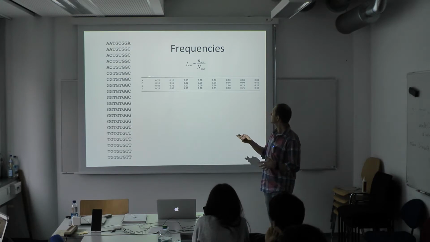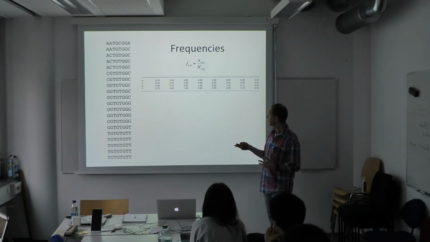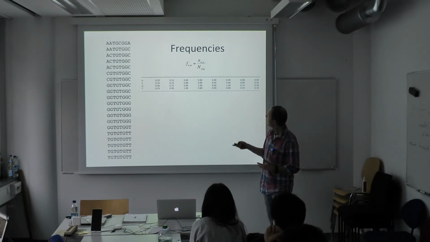So we end up with a matrix like the one that we had on the previous page. This is the sequence that I'll be using in the next example. It has 20 sequences, so if you count the number of A's that we see in the first column, 1, 2, 3, 4, 5, you end up with 0.25.